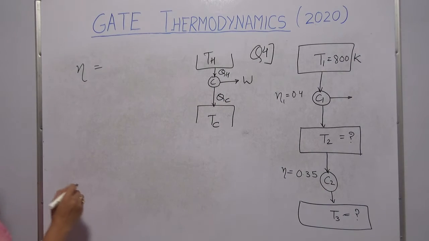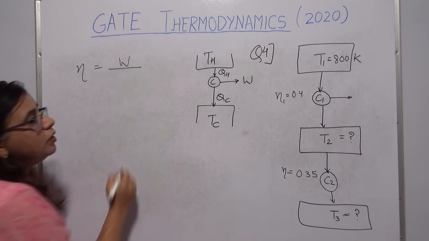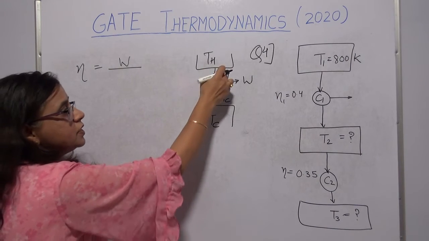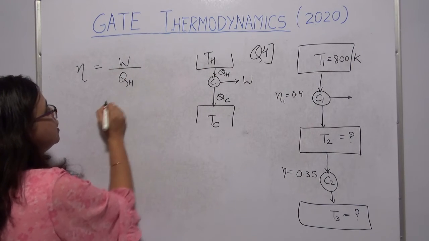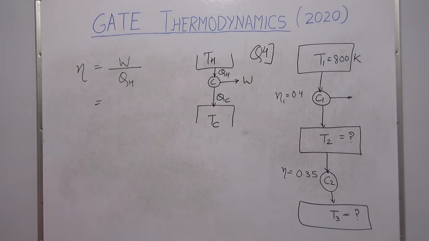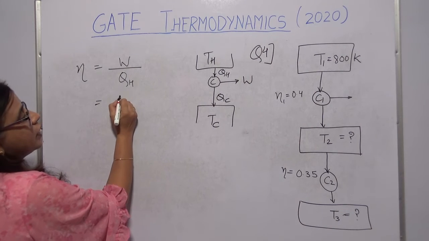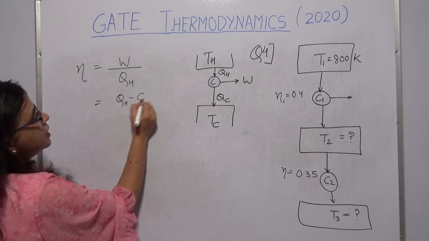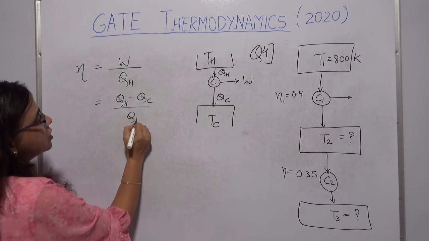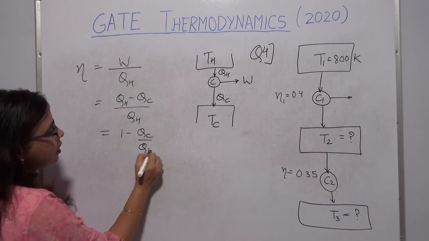Then your efficiency is given as output, which is W, upon what has been input, that is QH. Your desired output is the work which is generated, which is equal to QH minus QC. So I can write QH minus QC upon QH, which becomes 1 minus QC by QH.